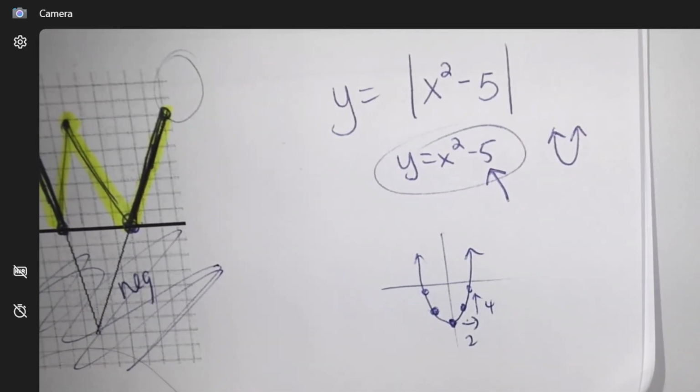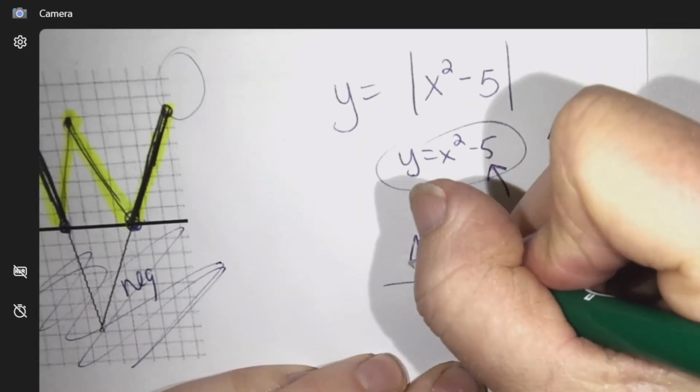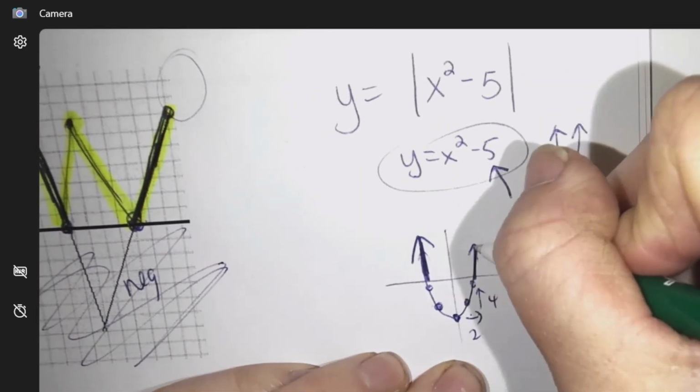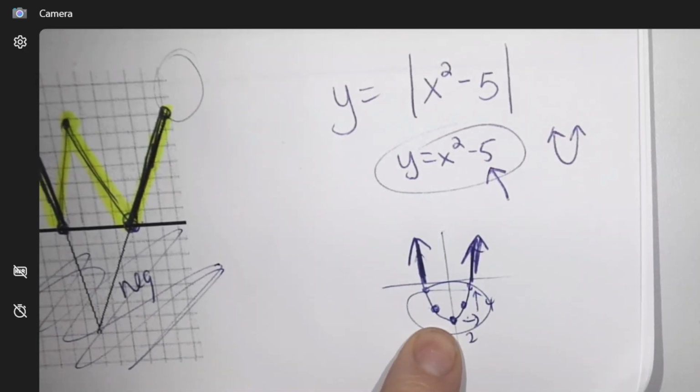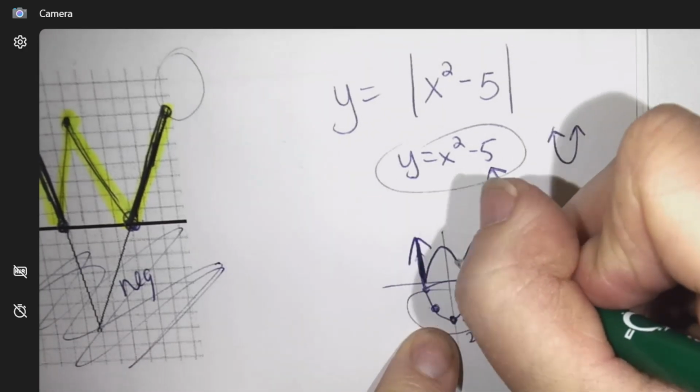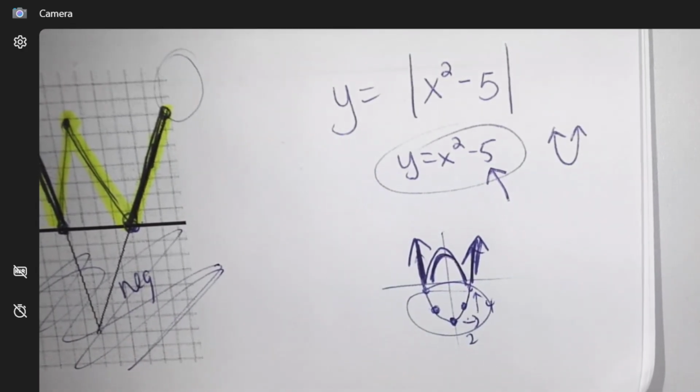And then what would you do if you had to absolute this now? This would stay, this would stay, and that whole little thing would change positive, right? Does that kind of make sense? Just remembering, hey, we graphed these things. You got to go back to the parabola shape. Okay?